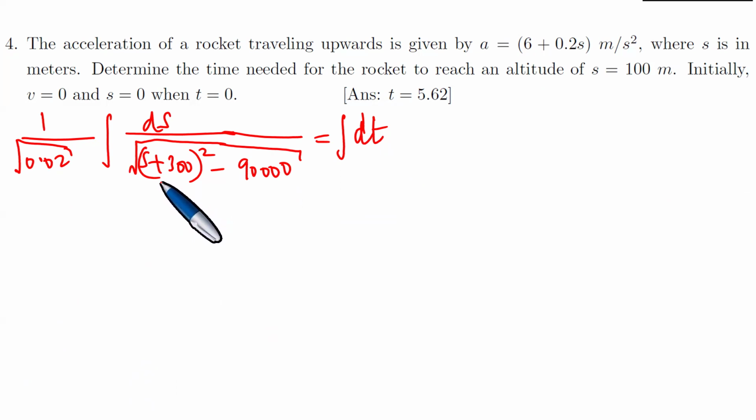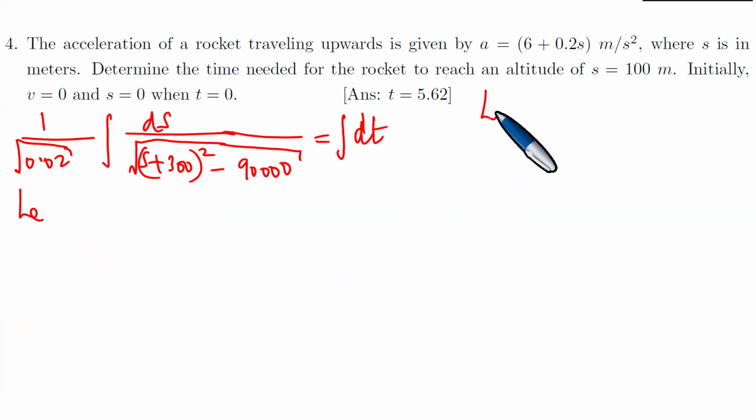So the way to do it is to use further substitution. Let's use U first and then use the rest of this. It's easier that way. I think you'll understand better as well.